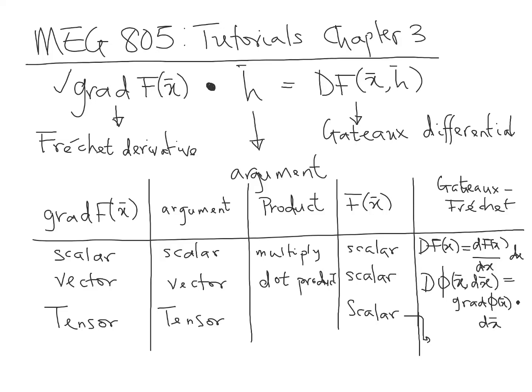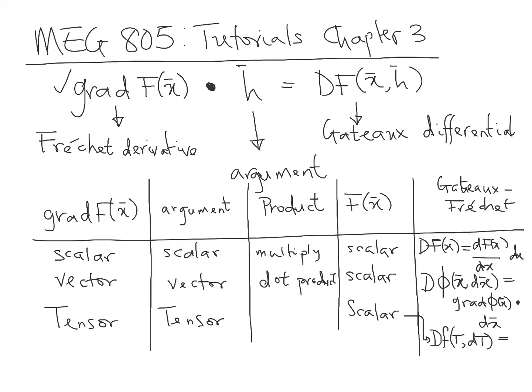My Gateau differential, I've been told that the function is a scalar. I've been told that the argument is a tensor. I've been told that the derivative is also a tensor.